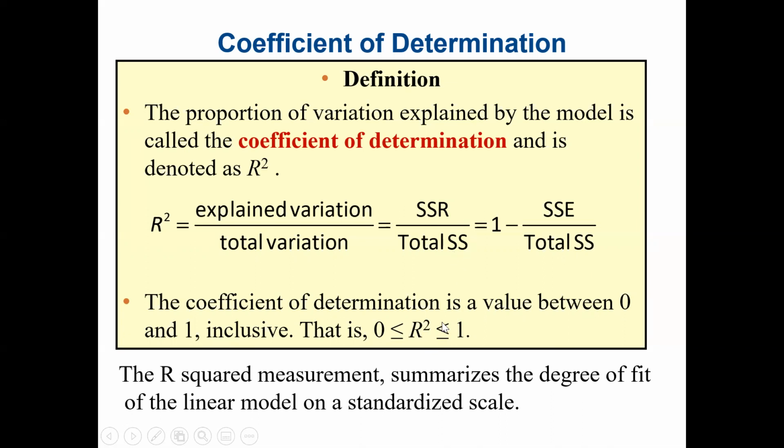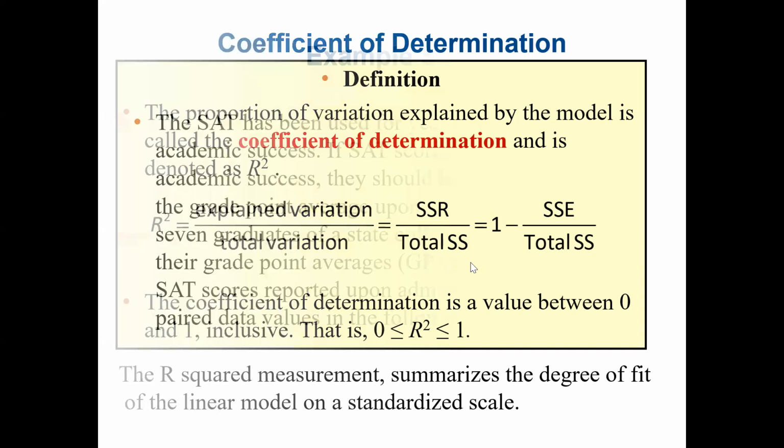Now, if the value is 0, it means the percentage of the dependent variable determined by the independent variable is 0%, which means none of it is determined. But if it's close to 1 or 1, then 1 will be perfect. That means 100% of the dependent variable is determined by the independent variable.